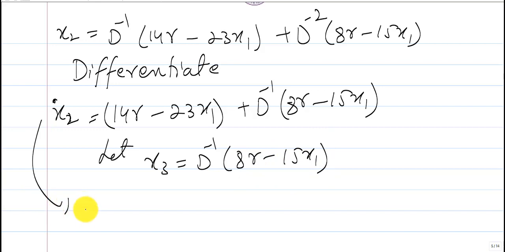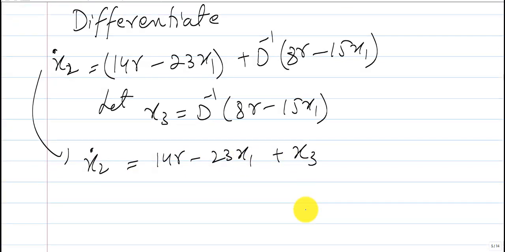So this equation can be written as x2 dot equal to 14r minus 23x1 plus x3. We call this equation B.